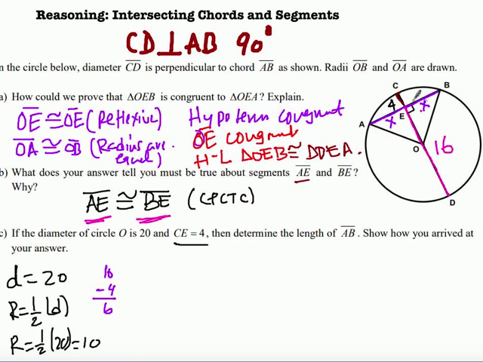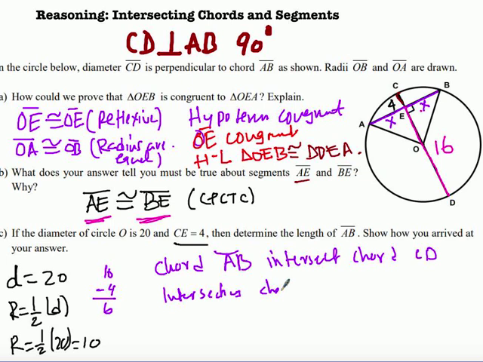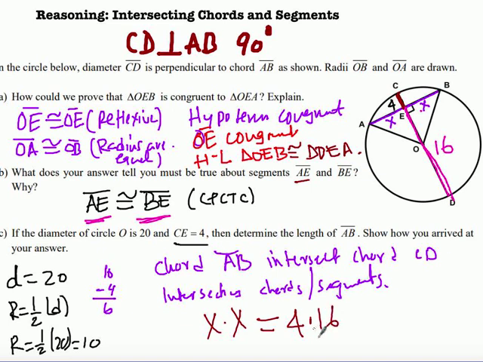Chord AB, the purple one, intersects chord CD, so we can apply the intersecting chords theorem. Take one segment of AB, which is X, multiplied by the other segment of AB, which is X, equal to the segment of CD, positive 4, times the other segment, 16. So this is the equation to find X.